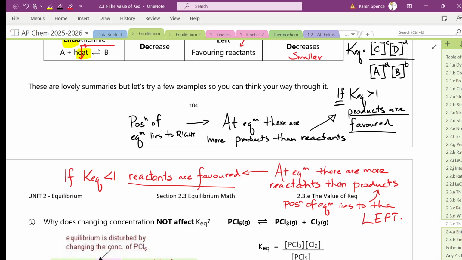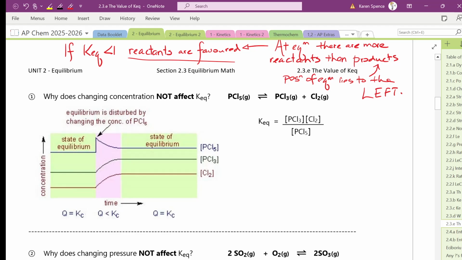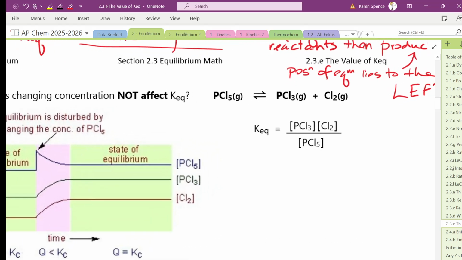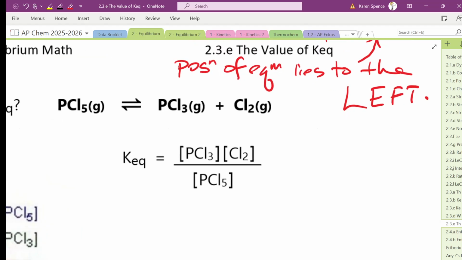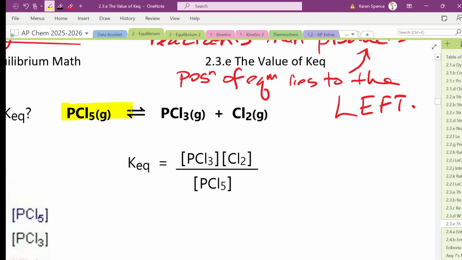Okay, so here we're going to take a little look at why changing the concentration does not affect KEQ. Here is an equilibrium. We have PCl5 in equilibrium with PCl3 and Cl2. Our KEQ expression has our products over our reactants.